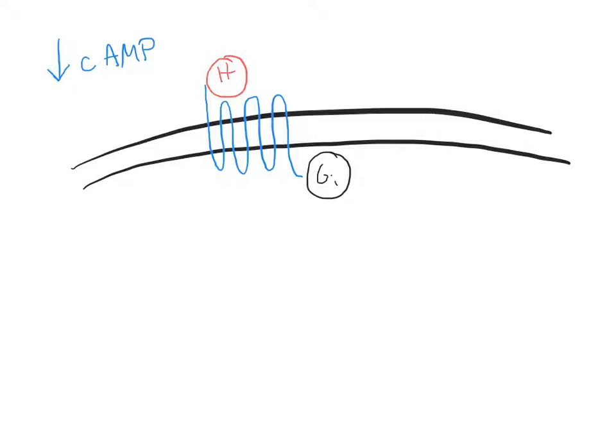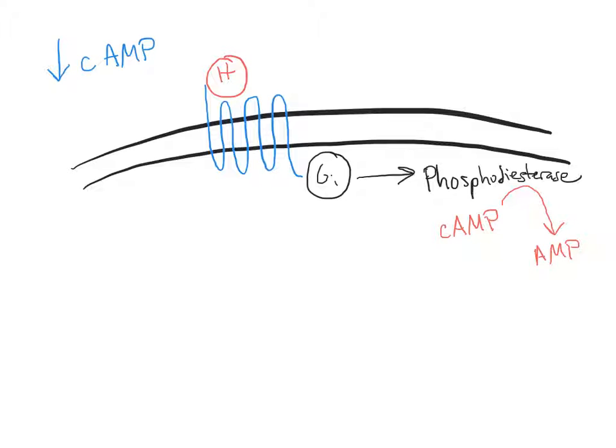Only this G protein activates an enzyme called phosphodiesterase. And phosphodiesterase takes cyclic AMP and gets rid of the cyclic part, cleaves that cyclic bond, leaving you with just AMP. So since cyclic AMP is getting converted to AMP, the levels of cyclic AMP are going down.